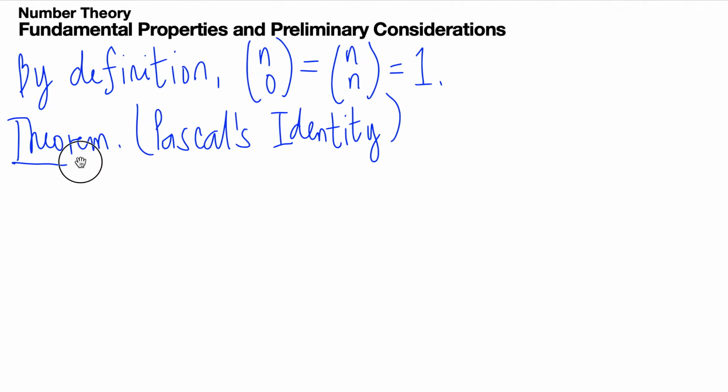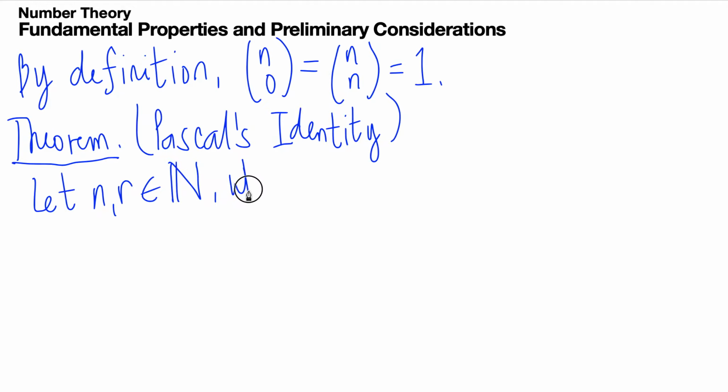So what does it say? We will let n and r be natural numbers or positive integers, where r is less than or equal to n.